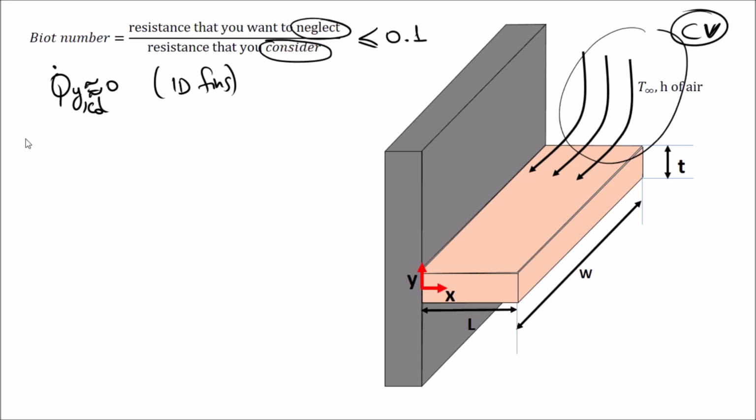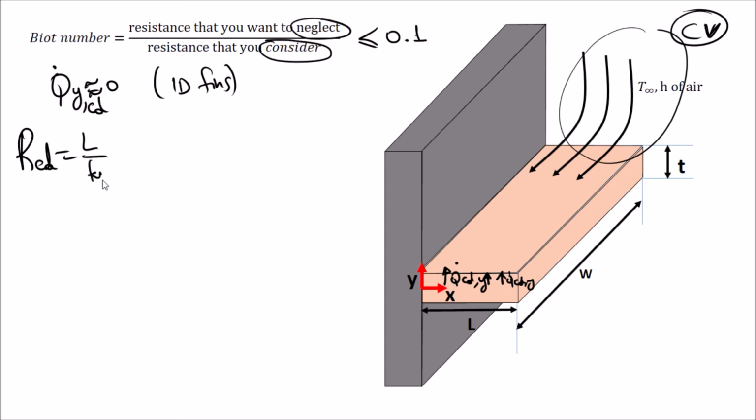Resistance in the y direction due to conduction. I'm going to take one part of the fin, the symmetric part, since the other part is symmetric. Q̇ conduction in y only happens in the y direction. The resistance in the y direction is the thickness of the fin divided by 2.